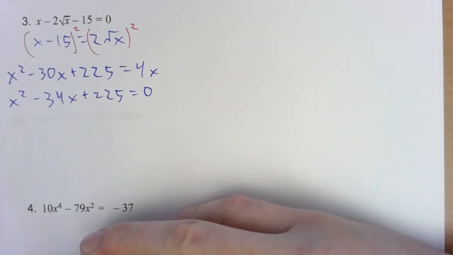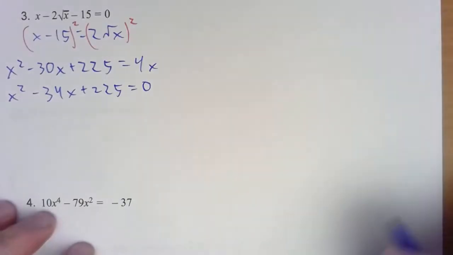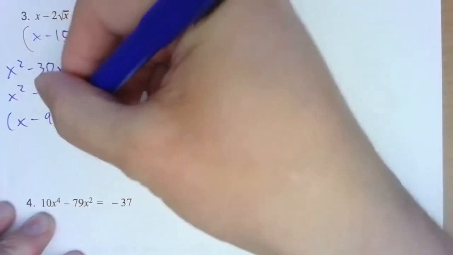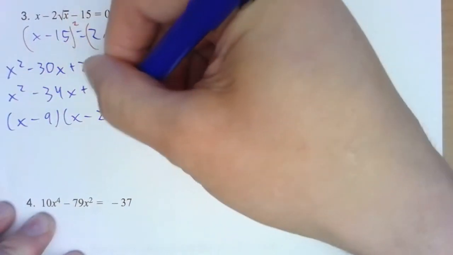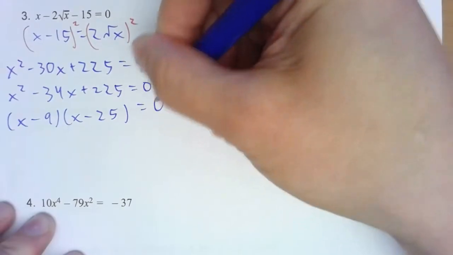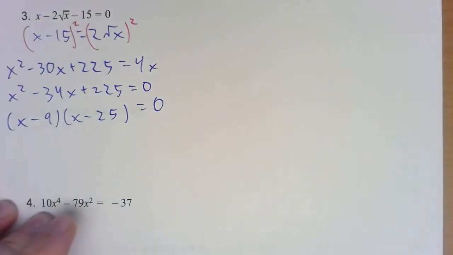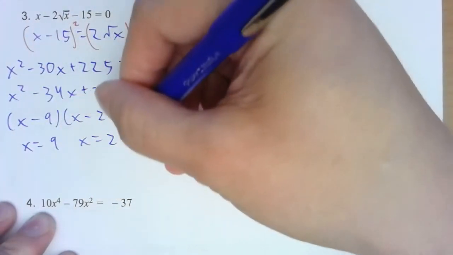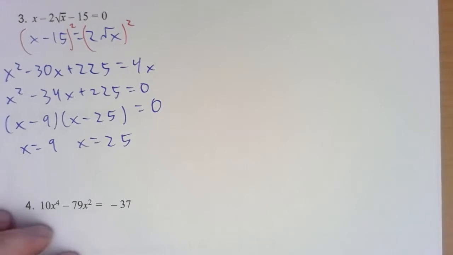That would be 9. So 9 and 25 gives you the 34. That's a little bit of a trickier factoring. Probably wouldn't give you something quite that tough on a test. And so we get x equals 9 and x equals 25.